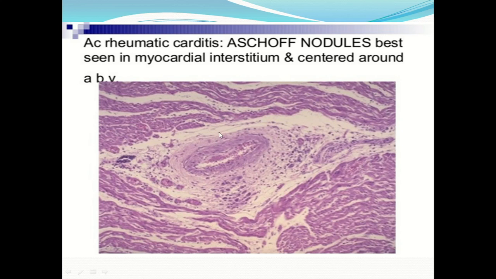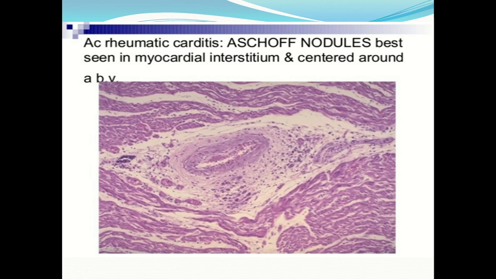Here again is a microscopic image of rheumatic carditis in which there are Aschoff nodules, best seen in the myocardial interstitium, in which you can see the artery, and around this artery you can see the lymphocytes and plasma cells proliferation.